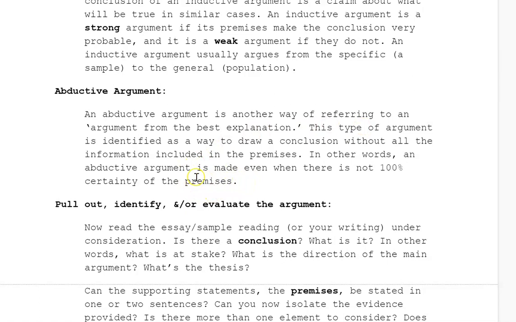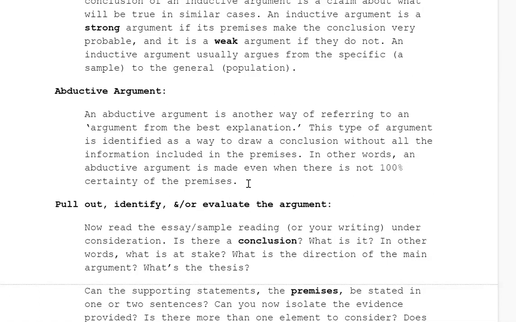Now, in a way, this sounds like a weaker argument, but you'd be surprised at how many ways in which we think about the world whereby we don't have 100% certainty of the premises. It's amazing. And probably a good example of that would be Charles Darwin's theory of evolution.